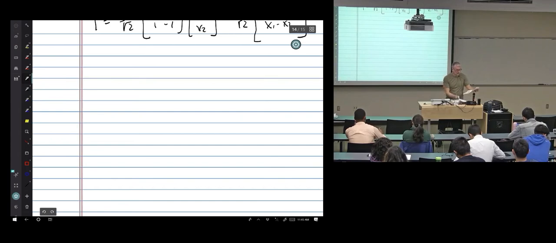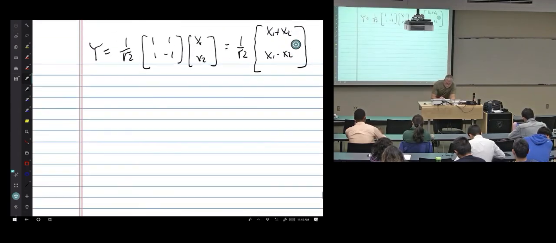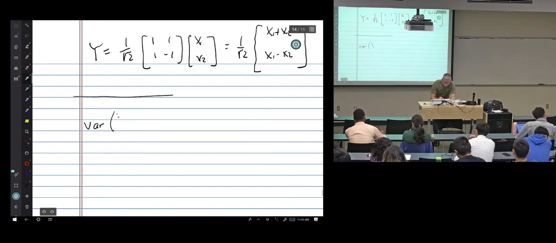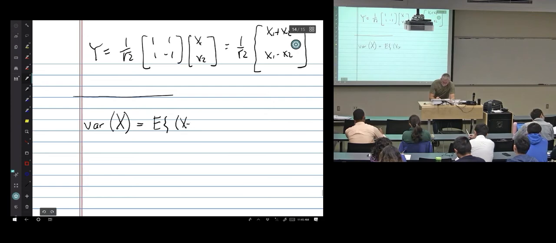One last thing, and then we're done with this. We define the covariance of a vector x. The variance is, okay, so this is 1 by n, n by 1.